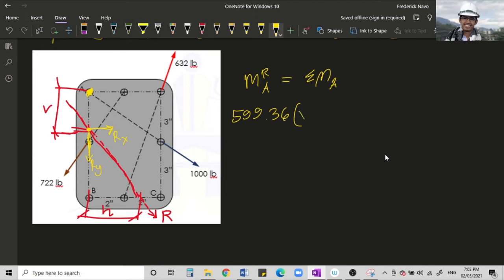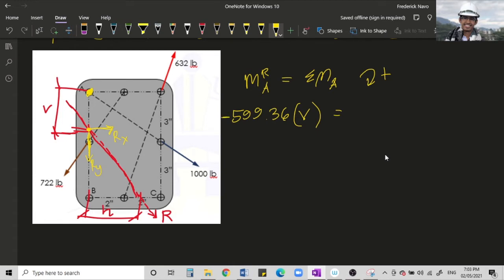That is times V is equal to, so by the way, ang gawin natin dito will be clockwise positive. Okay? So, itong 599 natin, magro-rotate siya about A. So, that is negative. Okay? Counterclockwise siya. Kaya, negative ito.